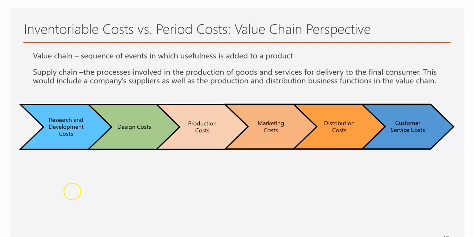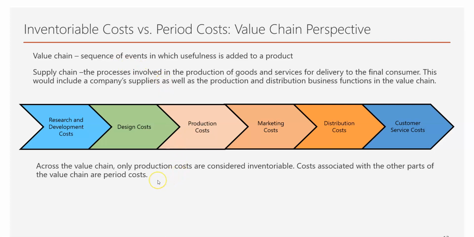So everything associated with production costs right here, distribution costs right here, would be part of the supply chain. But we also go backwards to our suppliers and to our suppliers' suppliers, all the way back to the very initial source of the materials. That is our supply chain.